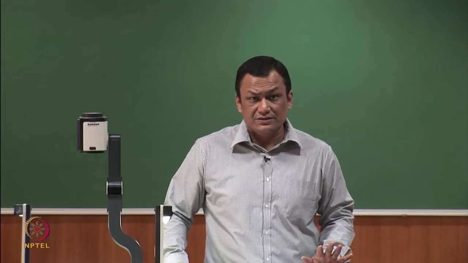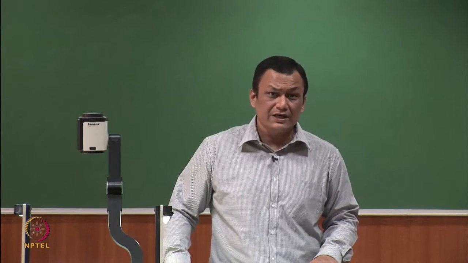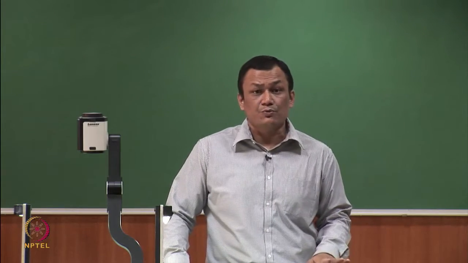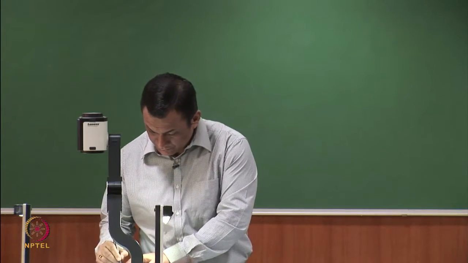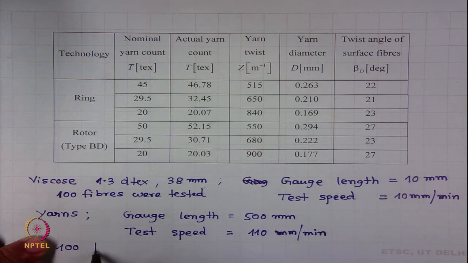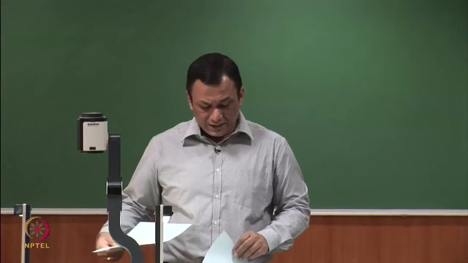So, we obtained the average yarn stress strain curve using the same linear interpolation technique for an interval of 0.01% strain level. So, we obtained the average stress strain curves for fibers and for these 6 yarns. I will now show you the results.